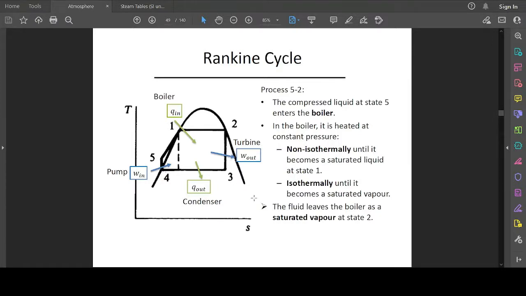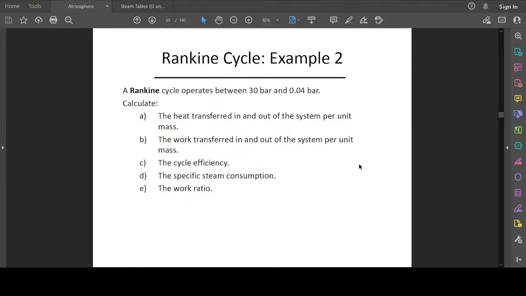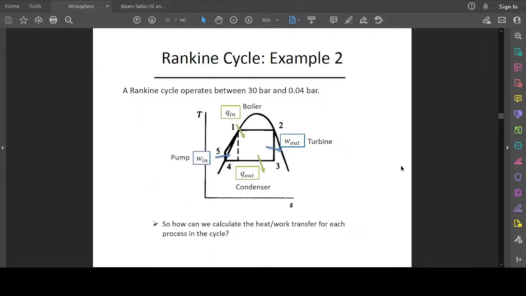So, an example of a Rankine cycle which operates between 30 bar and 0.04 bar. Calculate the heat transferred in and out of the system per unit mass, the work transfer in and out of the system per unit mass, the cycle efficiency, the specific steam consumption, and the work ratio.